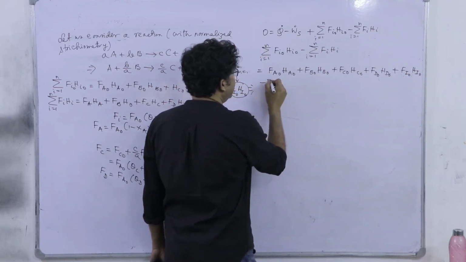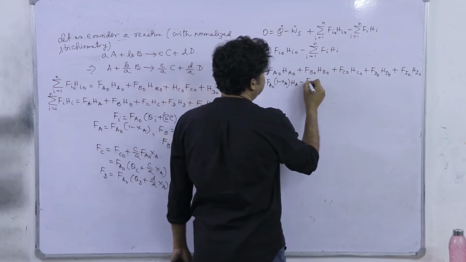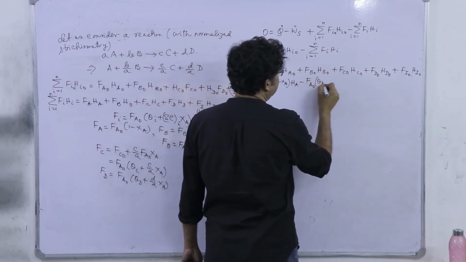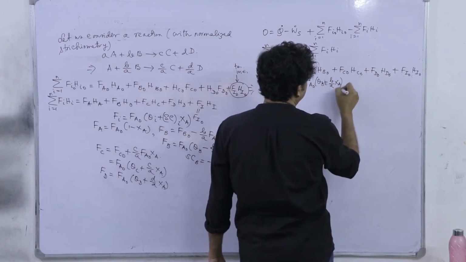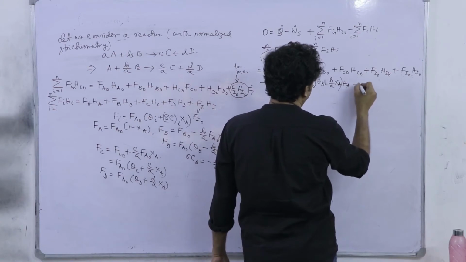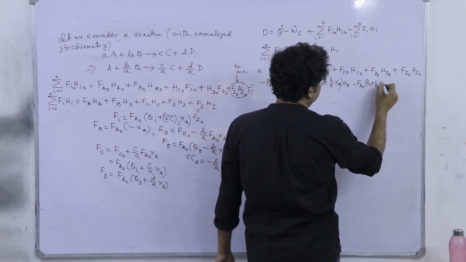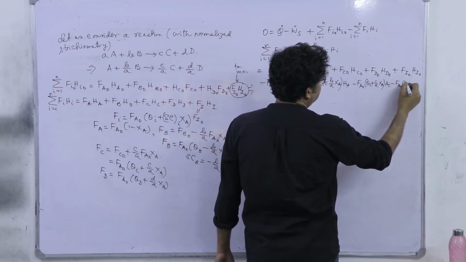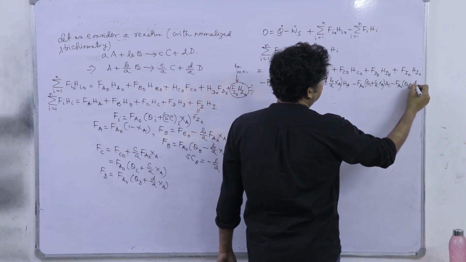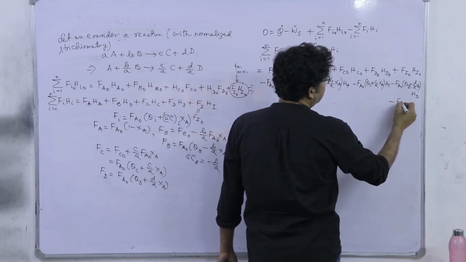Now minus Fa naught into (1 minus Xa) into Ha, minus Fa naught within bracket (theta b plus b by a Xa) into Hb, then Fa naught (theta c plus c by a Xa) into Hc, Fa naught (theta d plus d by a Xa) into Hd, minus Fi naught into Hi.